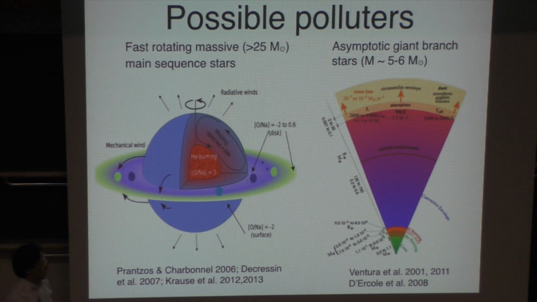So you can have the proton capture reactions going on down here, and then they get transported up to the surface of the star, and at the end you get a wind from these AGB stars, and you might then imagine that that material could somehow be used to form a second population of stars out of this enriched material. Those are the two main classes of polluters that people have discussed.